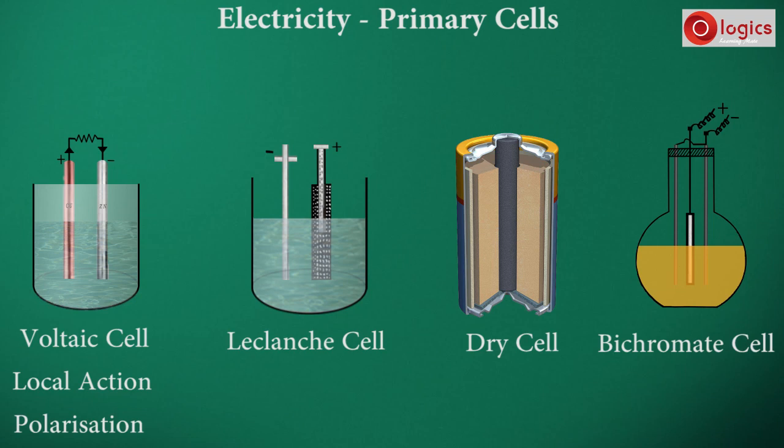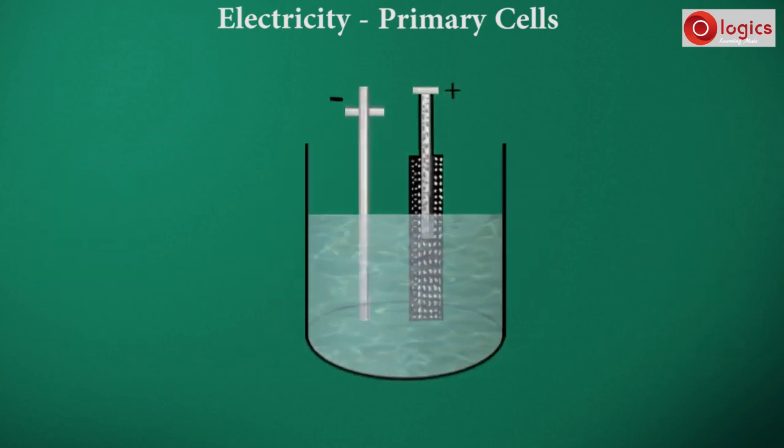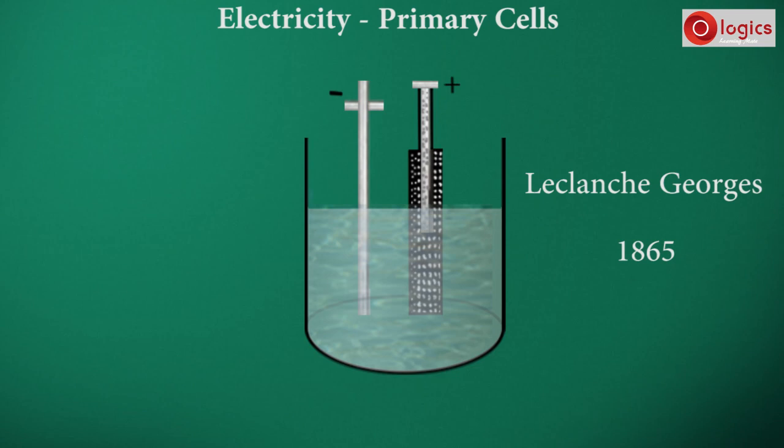These defects are overcome by the Leclanche cell. It is of two types, the wet Leclanche cell and the dry Leclanche cell. This is the wet Leclanche cell, developed by Georges Leclanche in the year 1865.